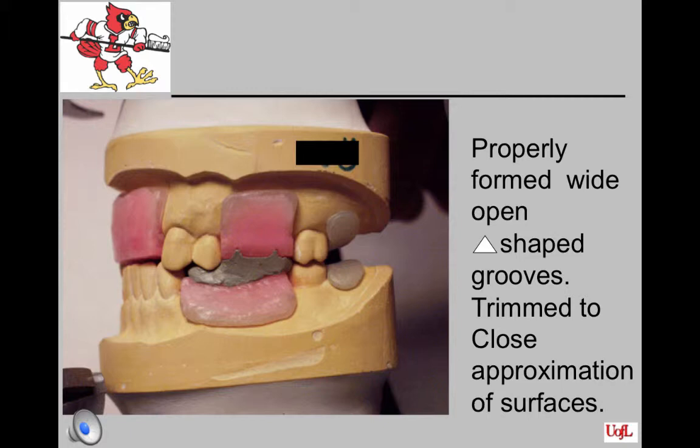Notice on the lower one, and it's probably not as perfect as it should be on that first premolar, you would like to see the incisal edge be confluent with the compound on the lower arch. It would look more similar to what you see on that upper part of the rim where the V's are located, that they would come together more accurately like that.